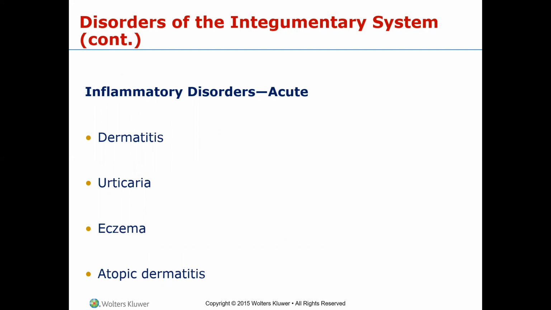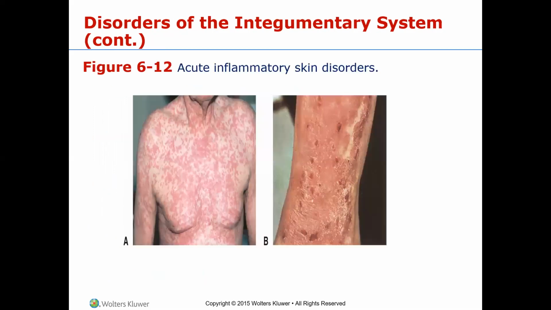I'm not going to go through all of these, but if you want to read on those, these are acute, meaning that they're short-lived, eczema, etc. And then here, again, we have some eczema in B, and then A, I'm not sure what it is, but it might be a form of an allergy.